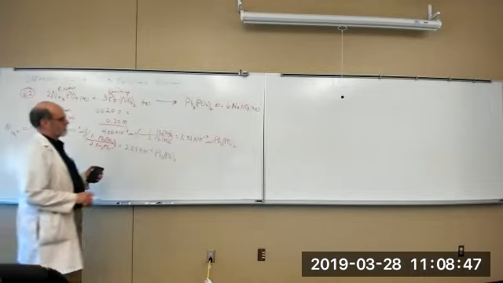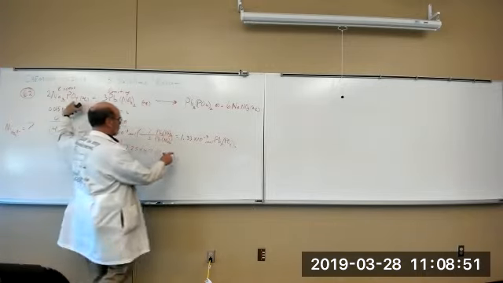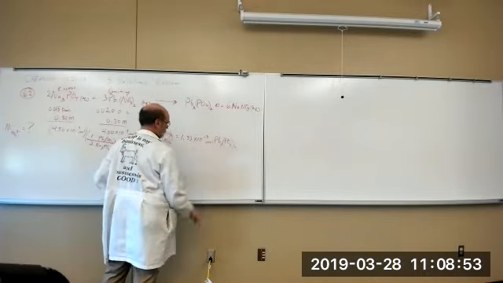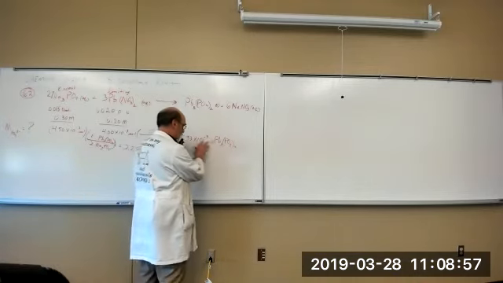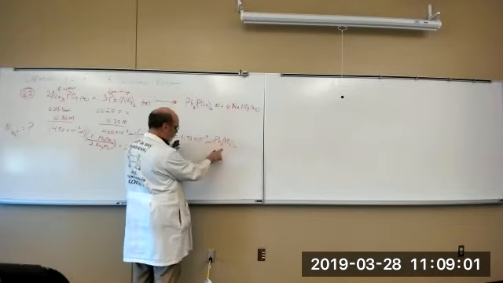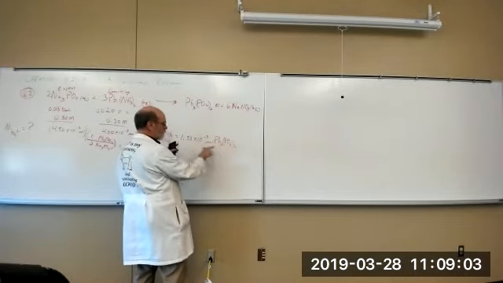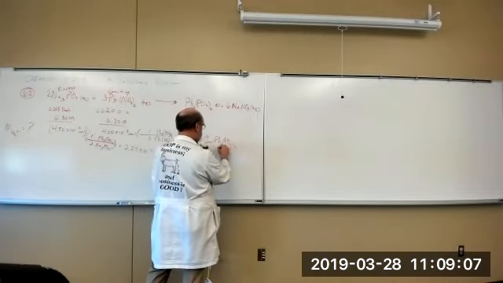How much of this phosphate is used to make that? If this is how much lead phosphate you can make, that's how many moles, then how many moles of phosphate did you consume? Right? So we need to convert this to phosphate.